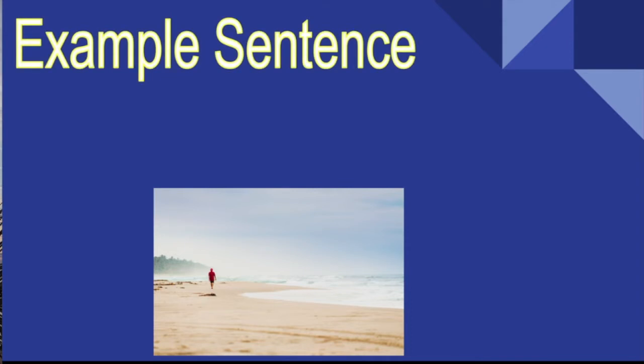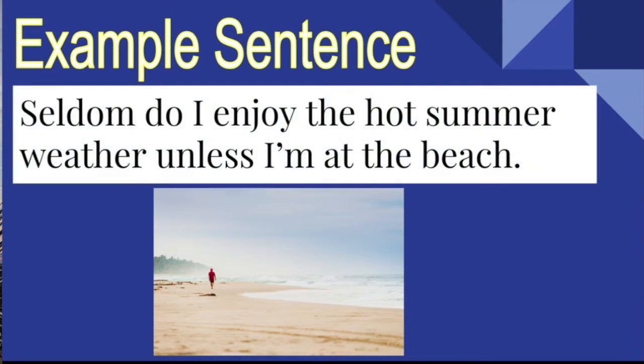Let's look at an example sentence. Seldom do I enjoy the hot summer weather unless I'm at the beach. What does seldom mean? Seldom means rarely or not very often.